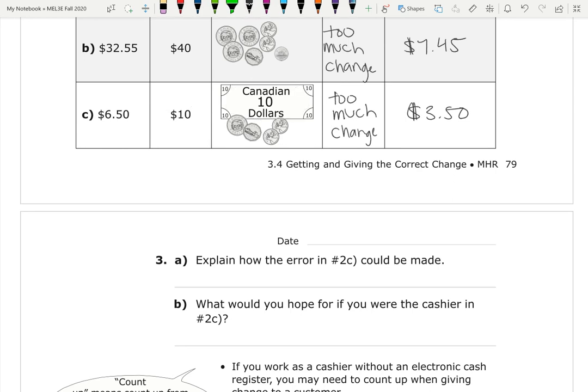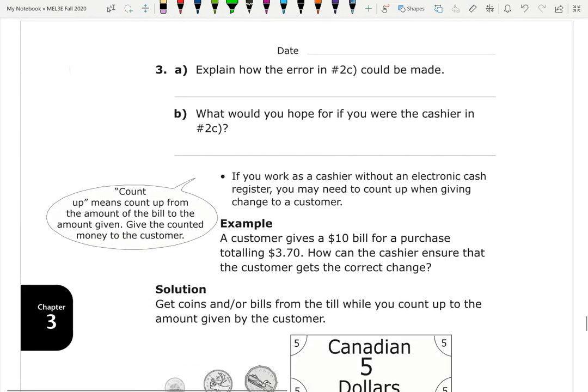So I think that the cashier did not put that $10 bill back into the register right away, and then got distracted, and then when refocused, probably thought that $10 bill was part of the change. So I'm just going to write that down.